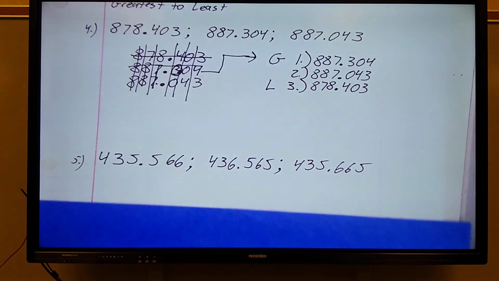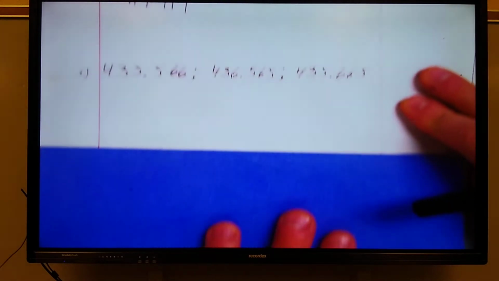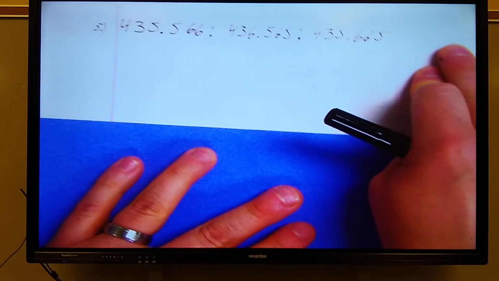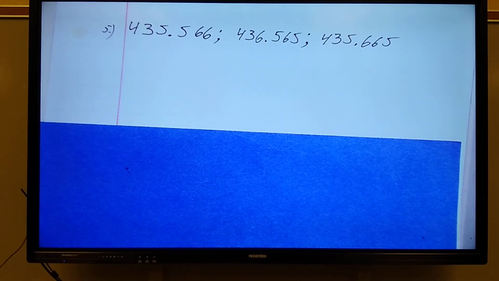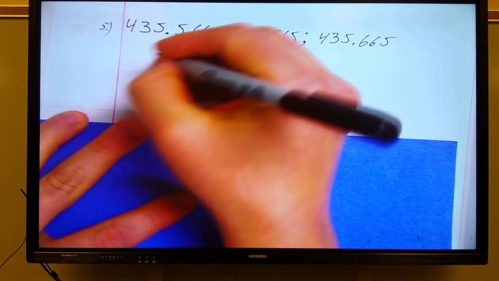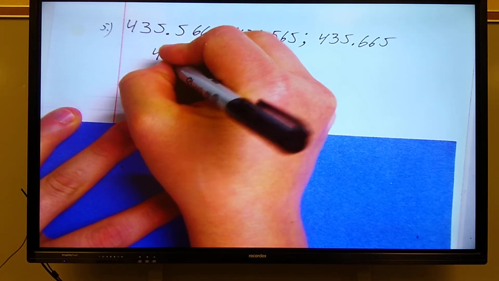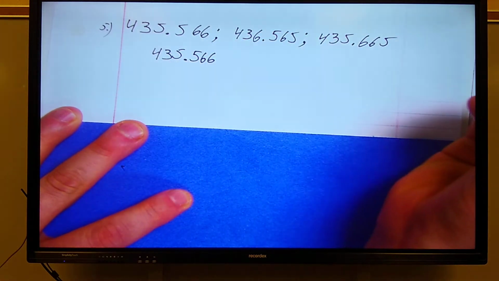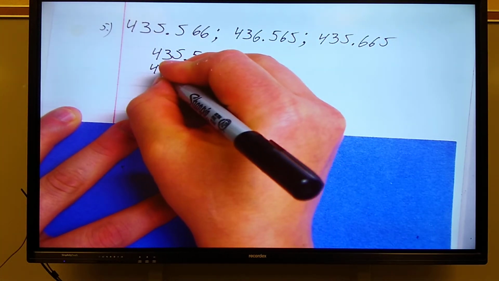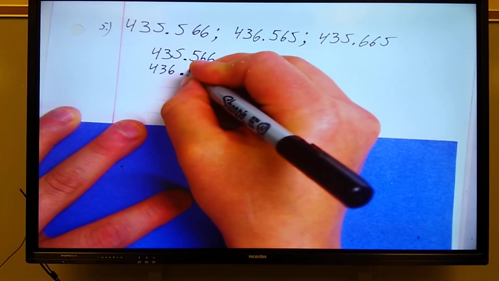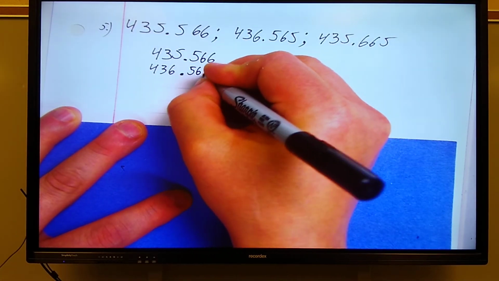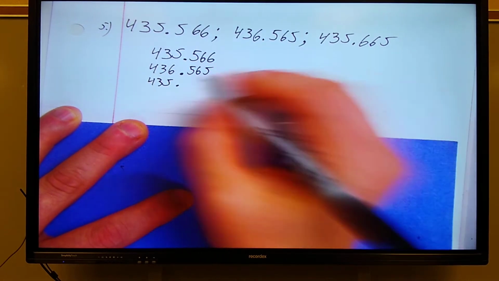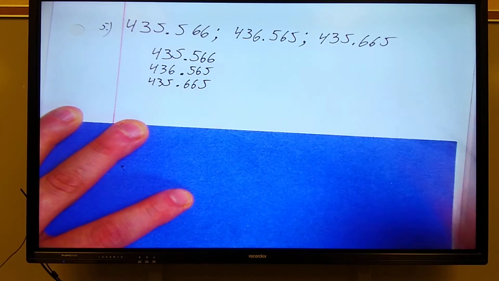All right, let's see how good or how bad you did. Hopefully good. All right, step number 1, like I said, line it up. 435 and 566,000. 436 and 565,000. 435 and 665,000.